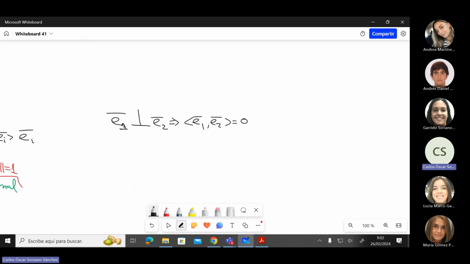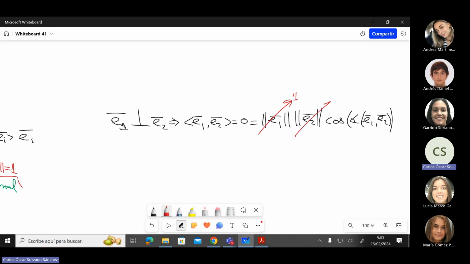And this is the length of E1, the length of E2, times the cosine of the angle between E1 and E2, which is 0. Okay, so this is unique.